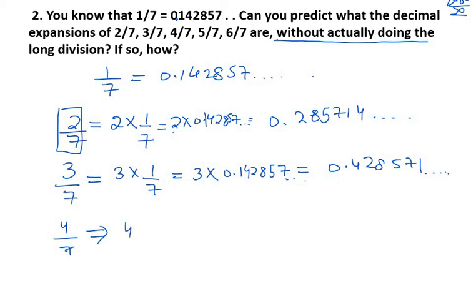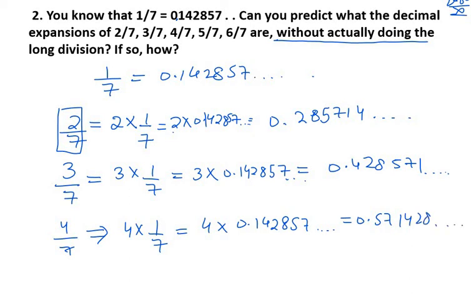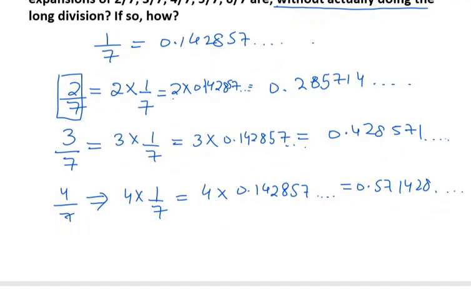Now we have 4 over 7. So 4 over 7 can be written as 4 into 1 by 7. So 4 into 0.142857 and so on. You get the value as 0.571428 and so on.